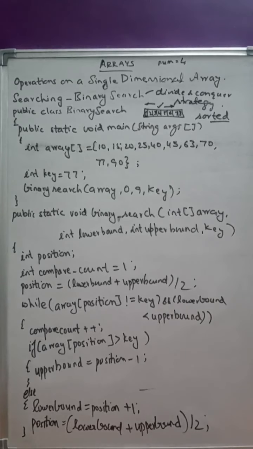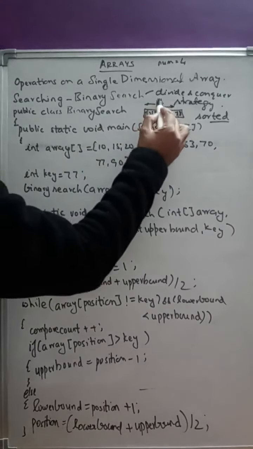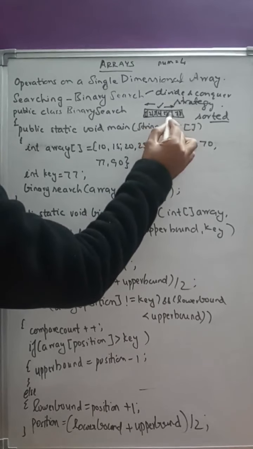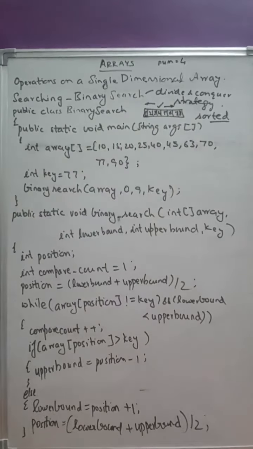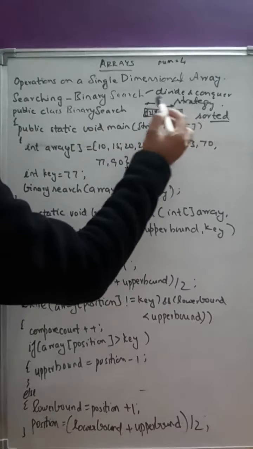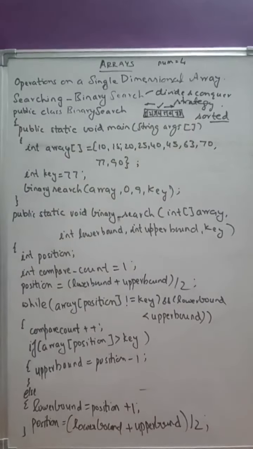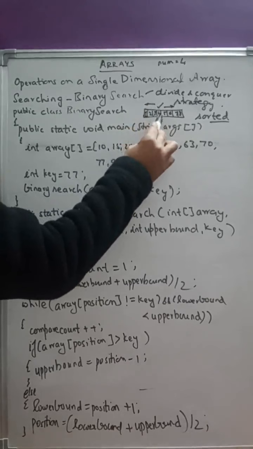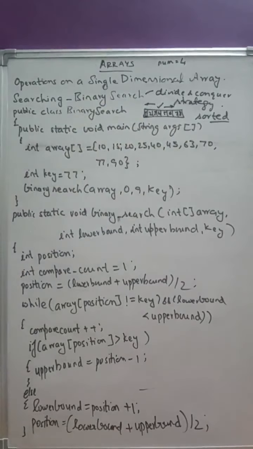Now we know that if the number is greater than the middlemost element, it will be found on the right of it. Otherwise, if the number is smaller than the middlemost number, it will be found on the left. According to that, we search the element in this array.